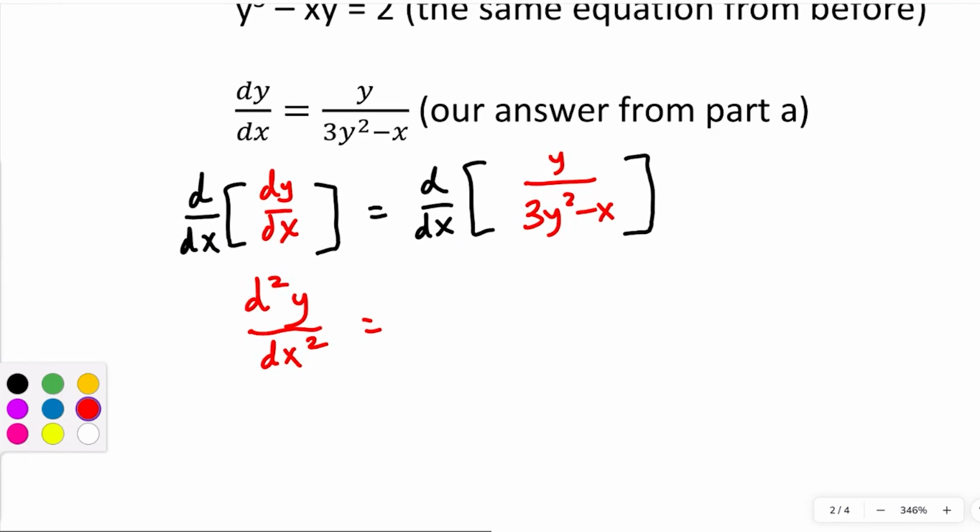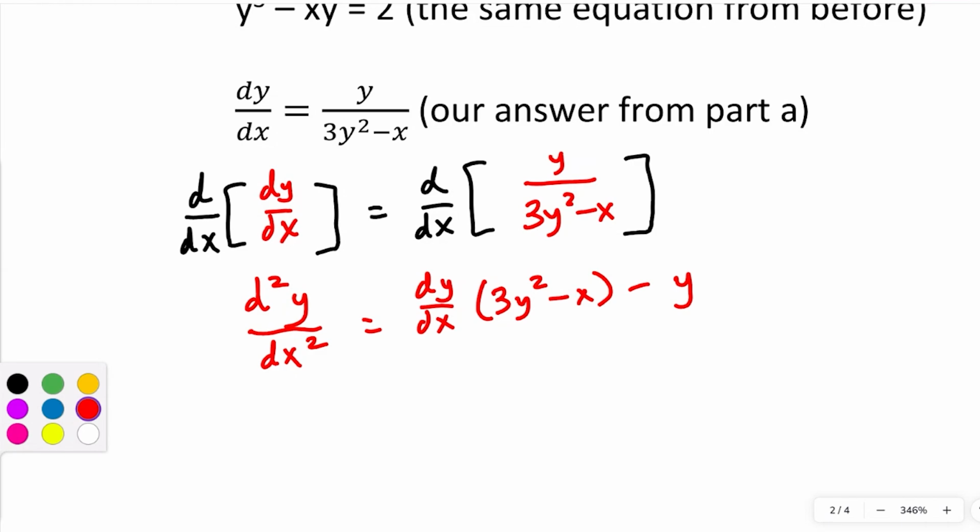Okay, so let's get started here. The derivative of the top, that's our dy dx, times the bottom, minus the top times the derivative of the bottom. We're going to have to use a little chain rule on that y, so just keep that in mind.